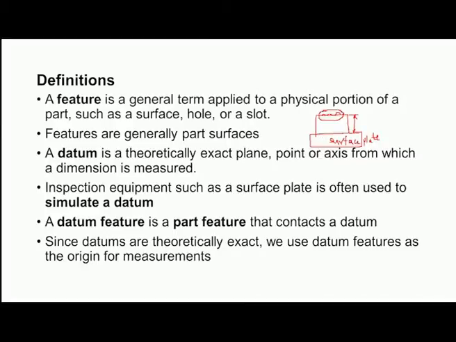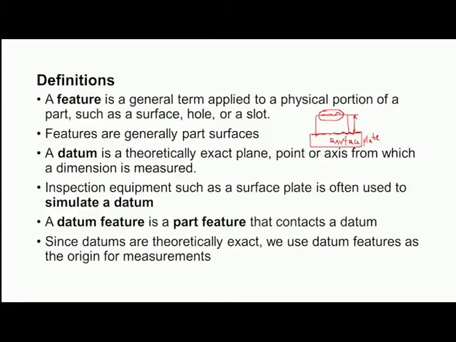Actually, the datum is a theoretically exact plane, or it could be a point or an axis, but when we consider the top surface of the surface plate, again there will be variations due to manufacturing.